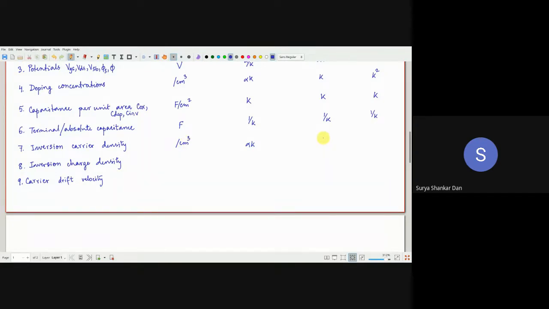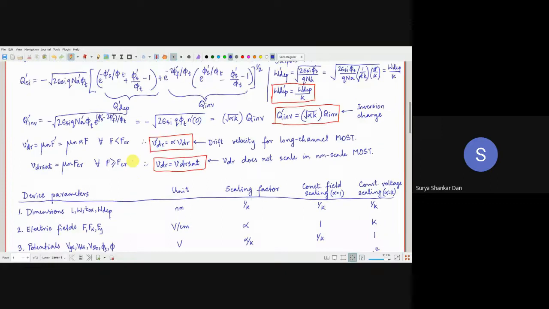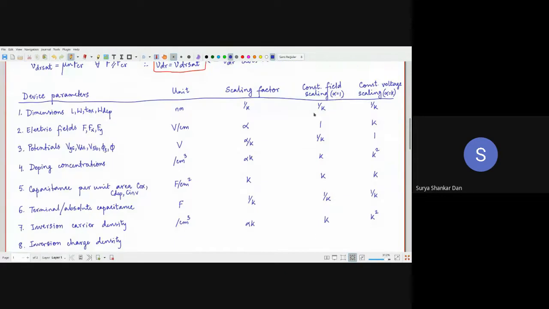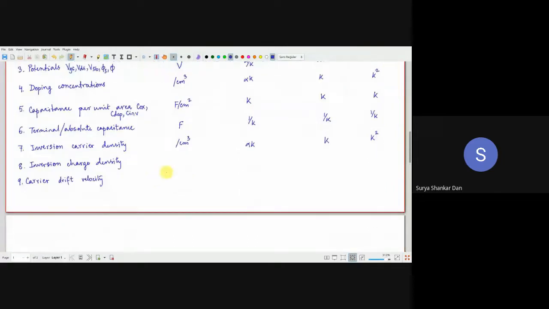So this becomes K, this becomes K square. Inversion charge density. So inversion charge density is here root over alpha K. Correct? What is the unit for this? Again, charge density, so per centimeter square, here root over alpha K.